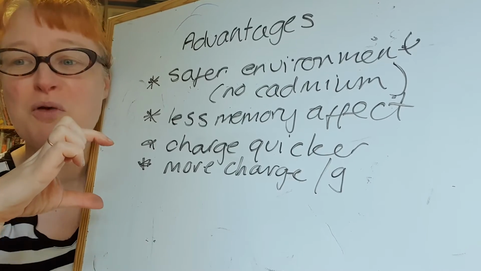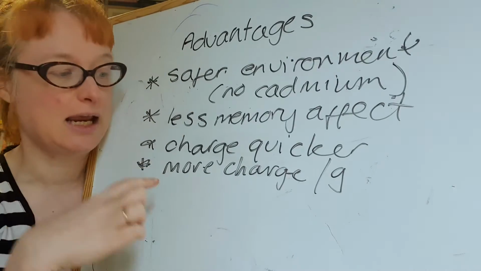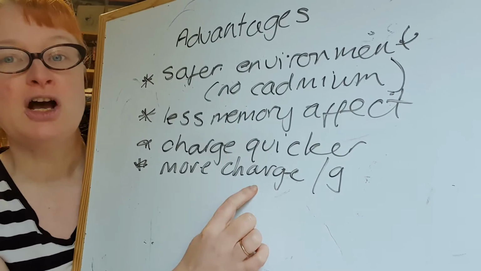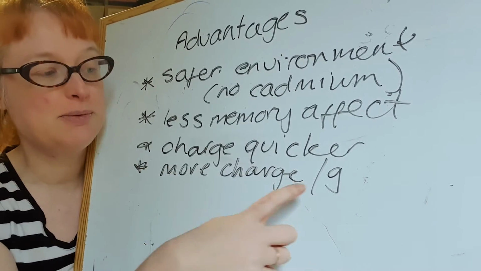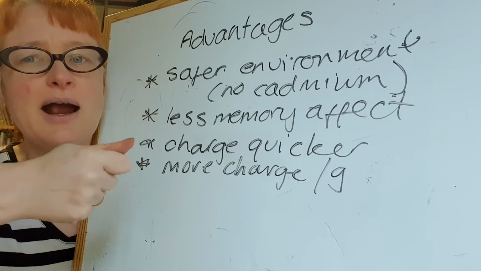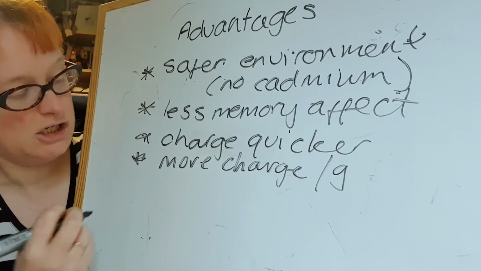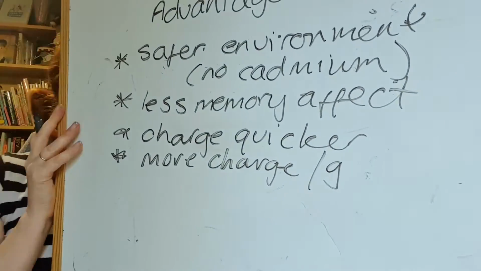So the battery would be really heavy and it would make your laptop like a huge, great chunky thing. Now we've got more charge per gram, so we can get more energy per gram. It means we can get much lighter batteries. We can have really thin, light laptops that will provide energy for a long time. So these are some of the advantages.